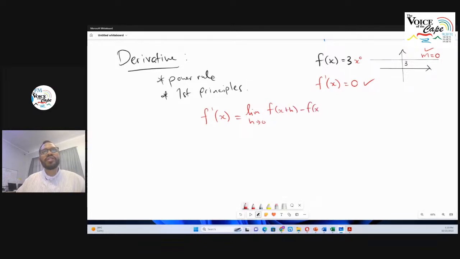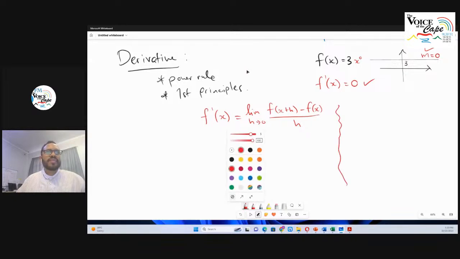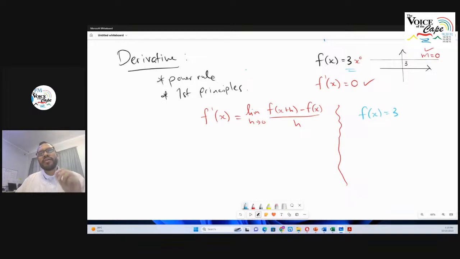However, there could potentially be a mark for this in this particular section. So you write it out. Now you substitute. Before we even substitute, candidates, I want you to look at this. Sometimes this throws students off. But f of x is equal to 3. So what is f of x plus h?